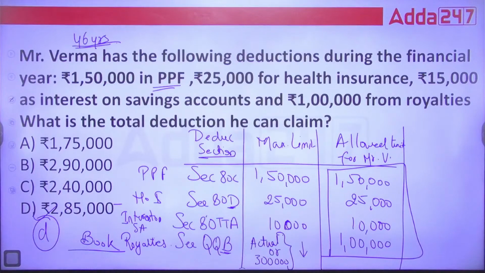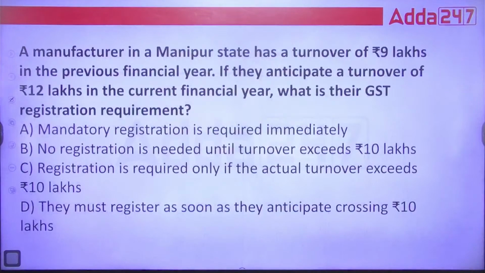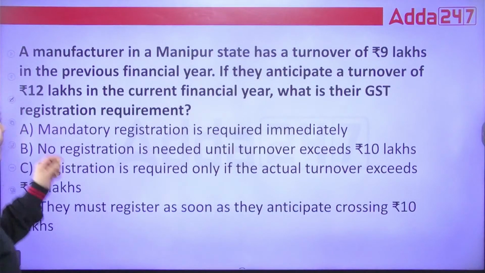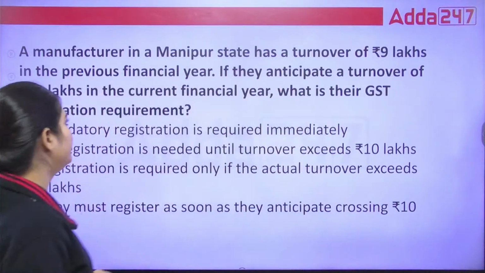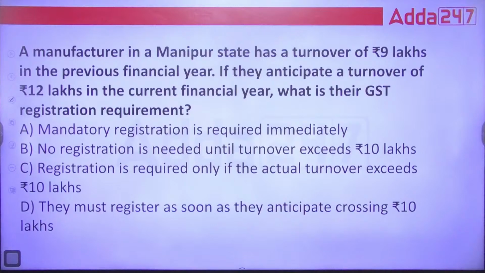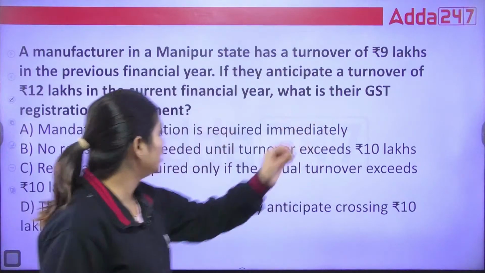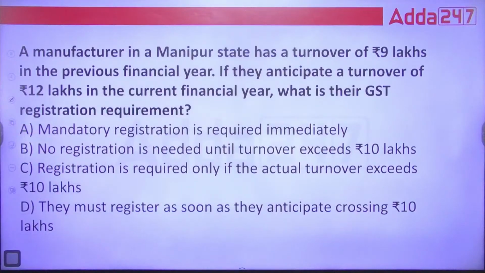Chaliye. Let's see the next question. A manufacturer in Manipur state has a turnover of 9 lakh in the previous financial year. If they anticipate a turnover of 12 lakhs in the current financial year, what is their GST registration requirement?